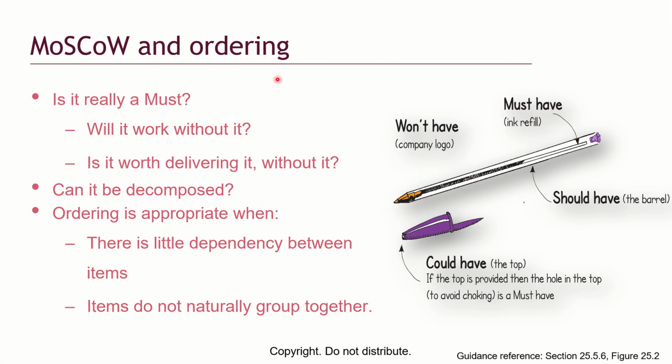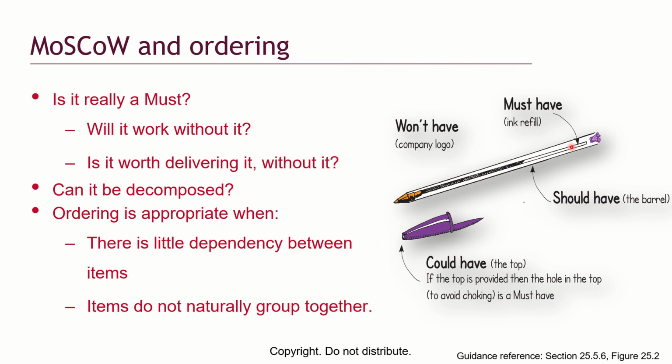Moscow and ordering. What is the meaning of must have? Before you can identify that something is a must have, what should you do? You need to really ask the question, is it really a must have? How do you know it's a must have? Can it work without it? Is it worth delivering without it? Look at this pen, for example. What do you think is a must have in a pen? Is it the ink refill?